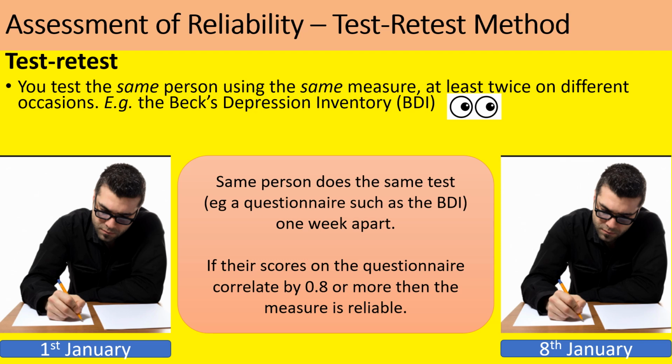He should get consistent results, because depression wouldn't disappear within a week. So if this guy is depressed, we would expect that he would get the same or very similar result one week apart. You would take his scores from both questionnaires and use a Spearman's rho test to find the correlation coefficient between those scores, which should be 0.8 or more to be reliable.